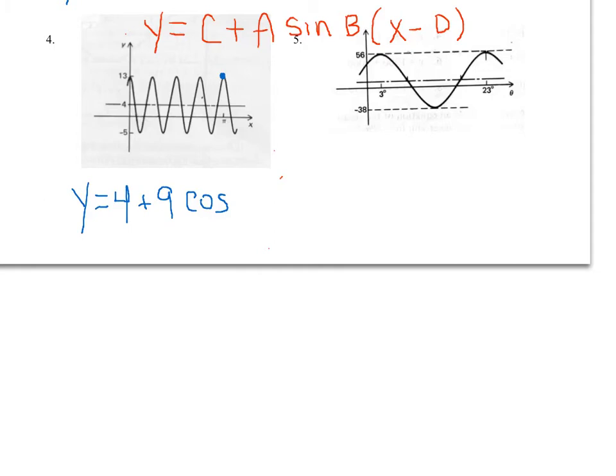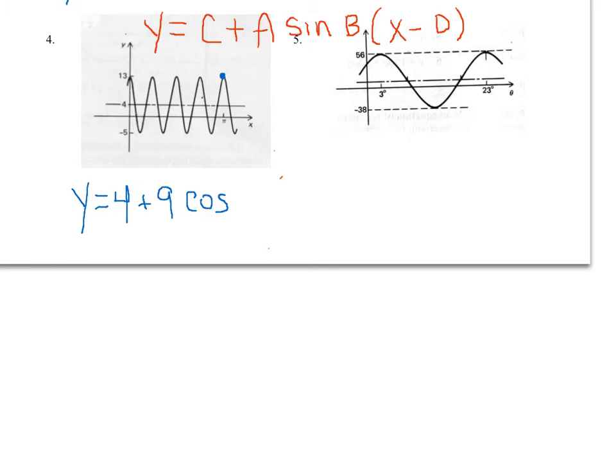All right, our B value. Okay, so what you can do is try to figure out what just one cycle is. Or you can think about truly what the frequency means. Remember, frequency was how many cycles are there in 2 pi.